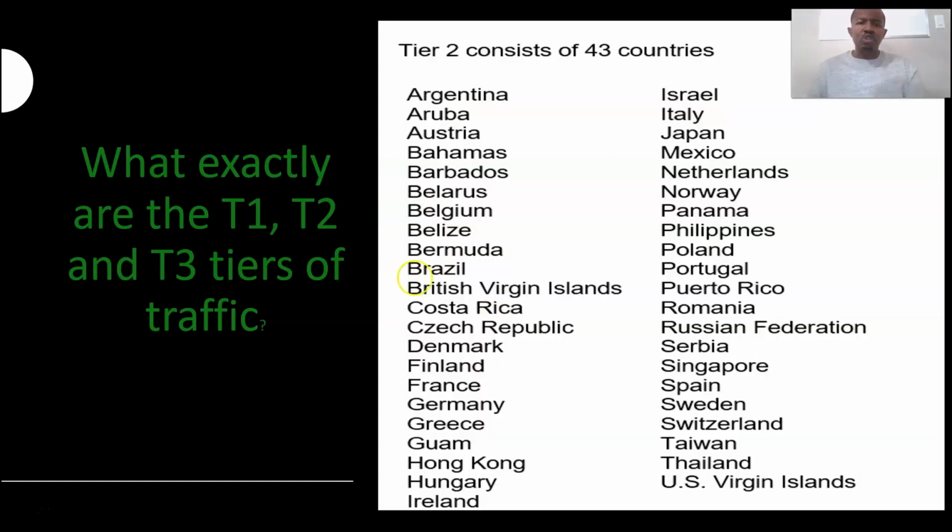And tier 2 traffic, there are 43 countries, such as Argentina, Brazil, Thailand, Sweden, Japan, Mexico. All of these countries are part of tier 2, and they're also buyers.